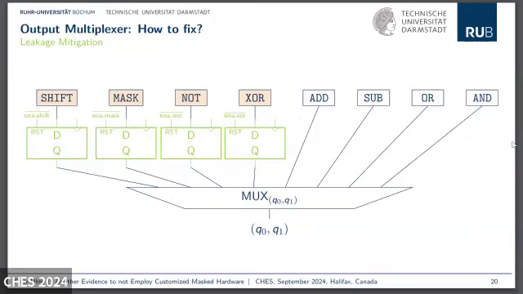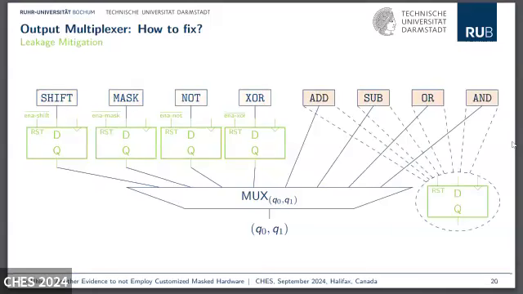So how can we fix this? The approach we chose here is to add, to the modules which contain no register already, a register at the end, which is reset if the corresponding opcode is not chosen. We also had to change the registers in the already clocked modules to be resettable when the corresponding opcode is not chosen, to prevent another class of leakage.